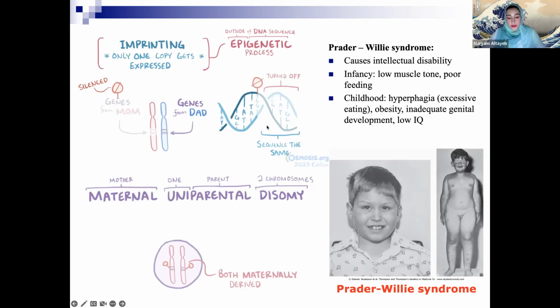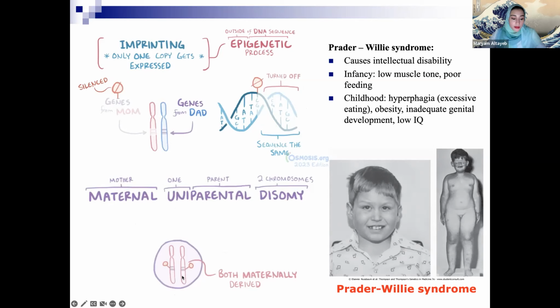Okay. And so in something called Prader-Willi syndrome, you get maternal uniparental disomy. So if we saw here, we know the genes from the mom are silenced. And so if for some reason something happens and you receive two genes from your mom instead of one gene from your mom and one gene from your dad, well, we know the genes from your mom are silenced.